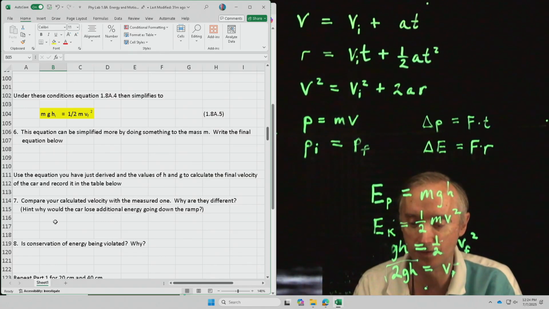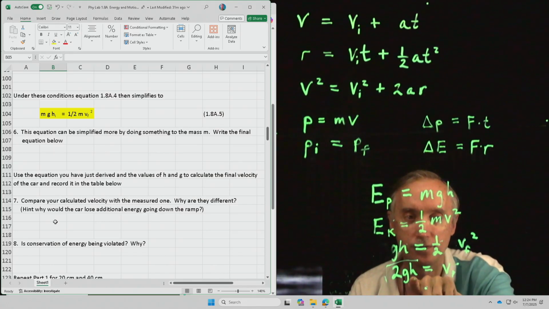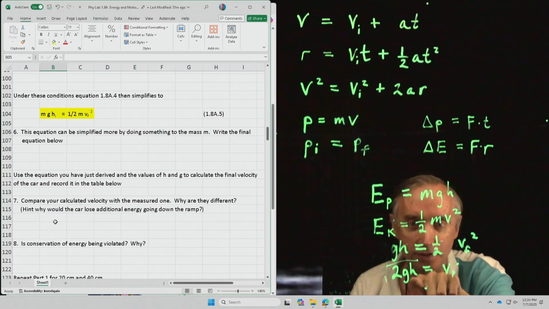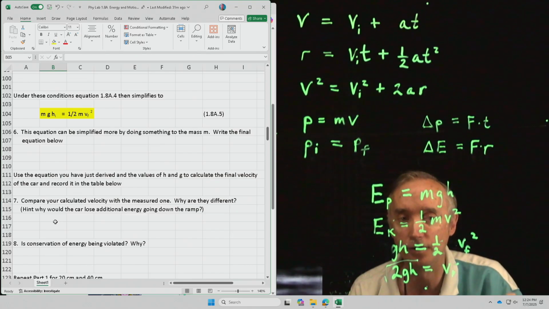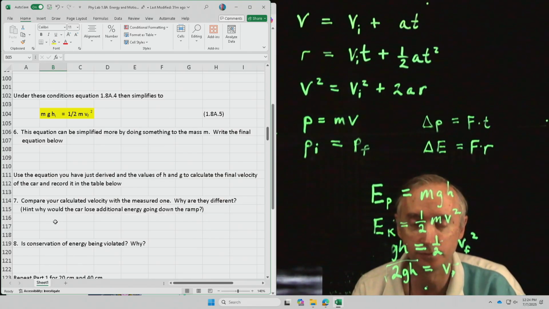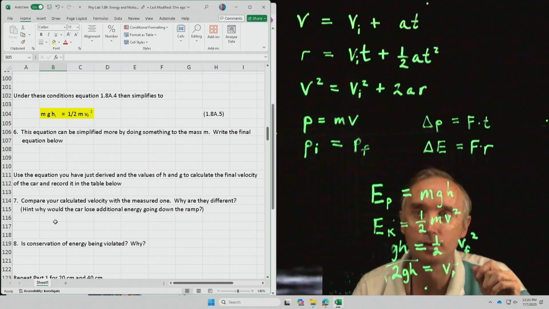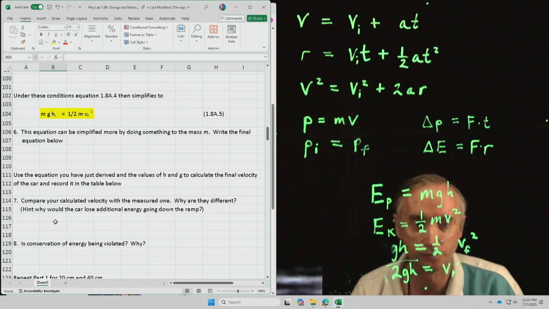So you've got the height in meters. You know what g is, the acceleration due to gravity, 9.81. You know what the 2 is, so multiply that together, take the square root, and you're going to get the final velocity it would have if energy was conserved.